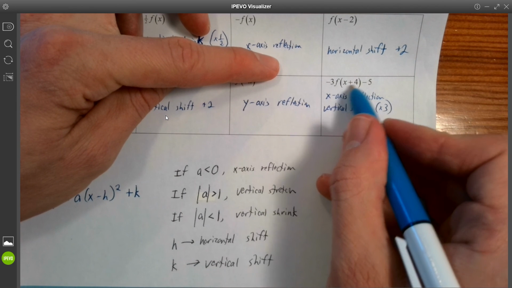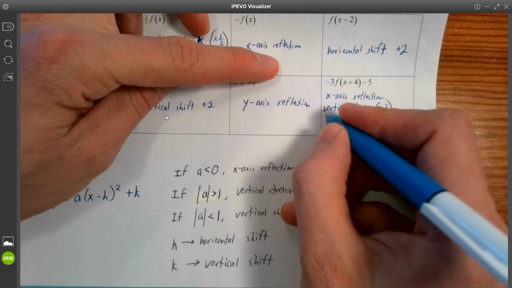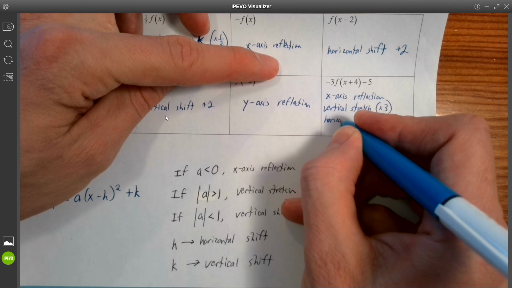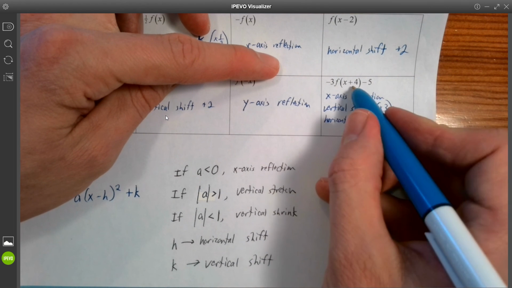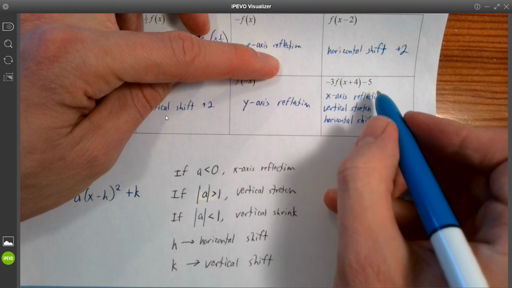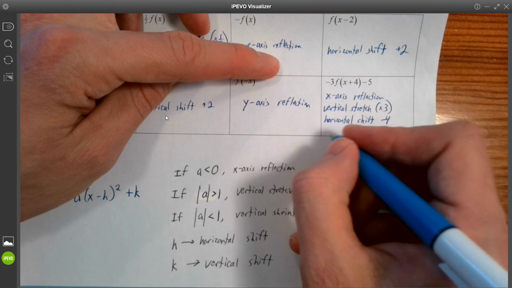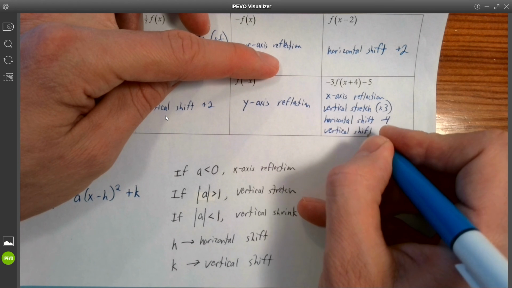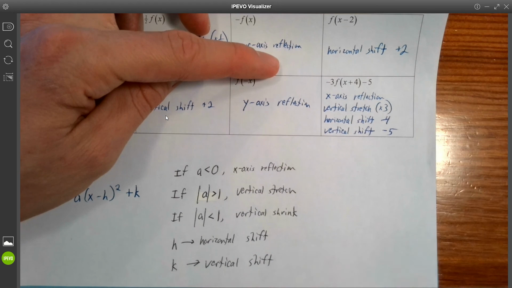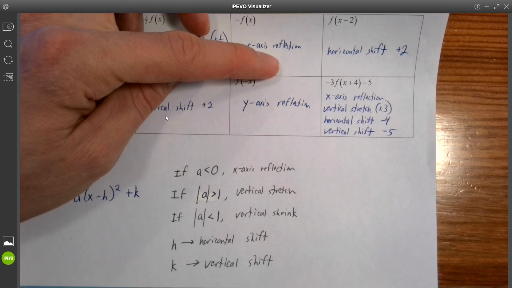Inside the parentheses here, we have x plus 4. That tells me it's a horizontal move. Horizontal shift. And that horizontal shift, I will disobey when I'm inside. It's going to be minus 4. And then outside the parentheses, there's a vertical shift. And it's also subtracting 5. So it's going to be going down 5.